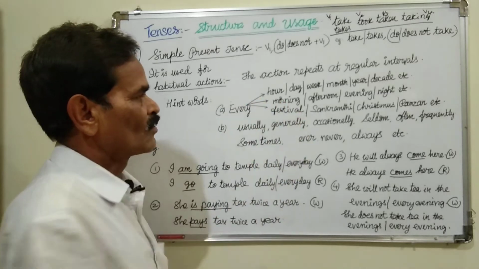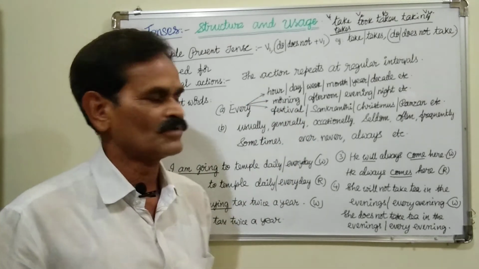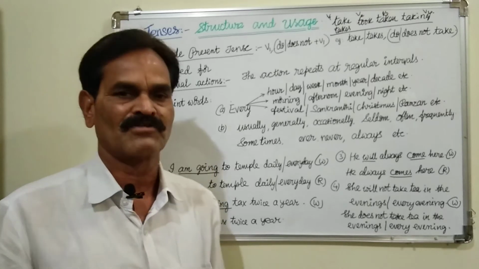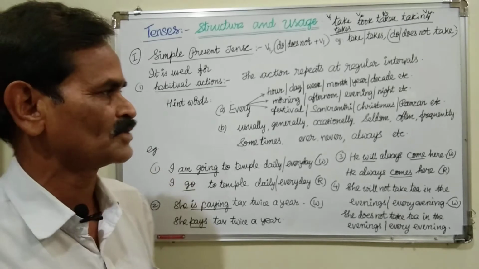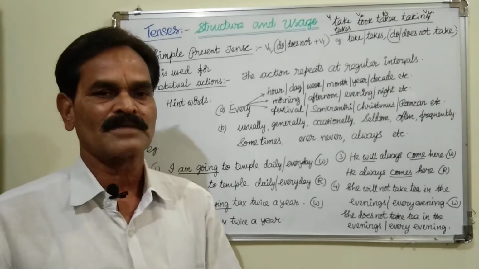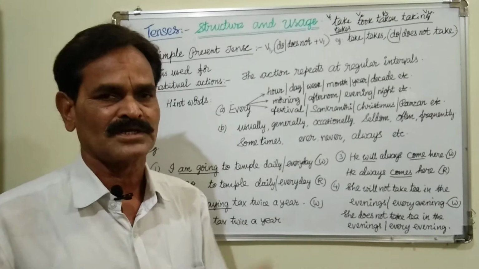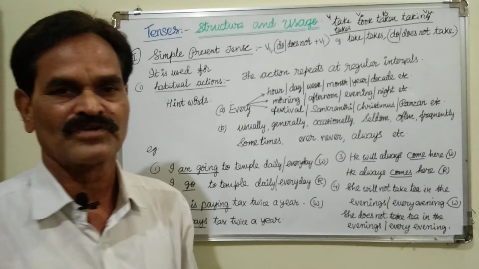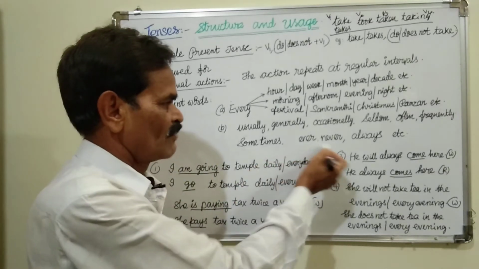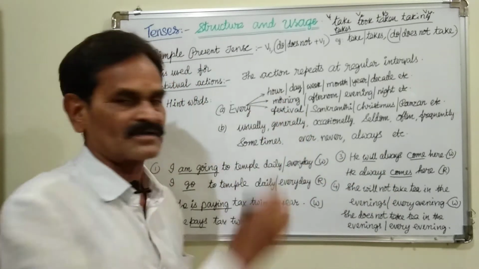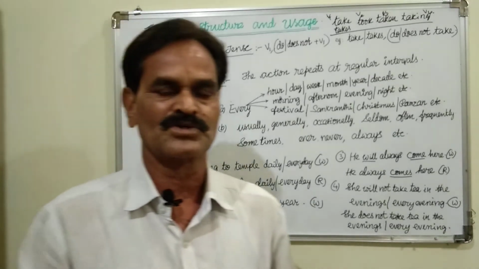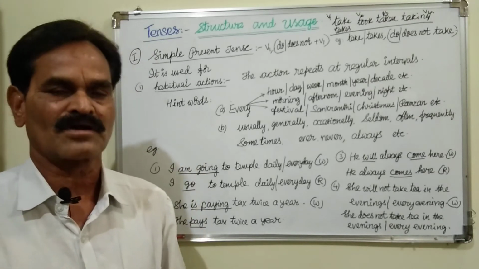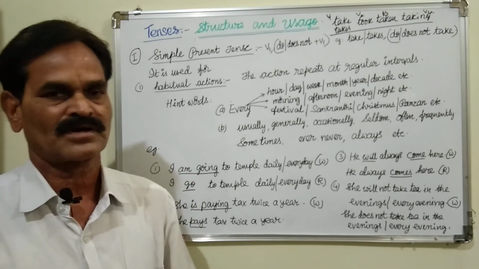So, every morning, every afternoon, every evening, every night, or every festival, for example every Sankranti, every Diwali, every Christmas, every Ramzan, or words like usually, generally, occasionally, seldom, often, frequently, always, ever, never. If this kind of wording is there in the sentence, we must use only simple present tense. We cannot use the present continuous tense, or simple future tense, or any other tense.